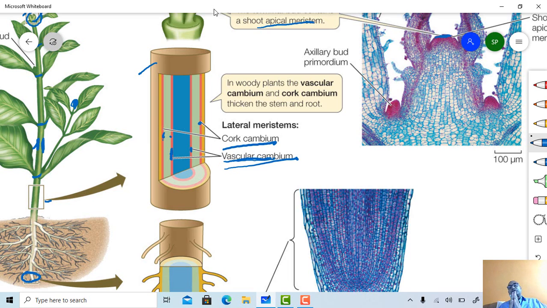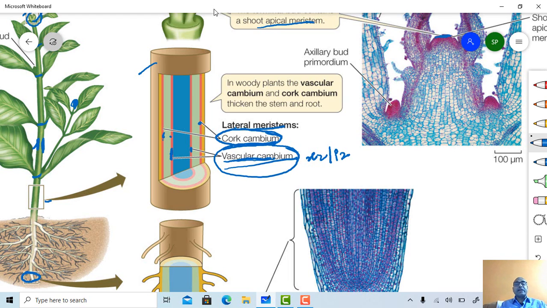Vascular cambium generally produces secondary growth in the stellar region, while cork cambium produces secondary growth in the extrastellar region. So secondary xylem and secondary phloem are produced from the vascular cambium, while cork cells and secondary cortical cells are produced by means of the cork cambium.